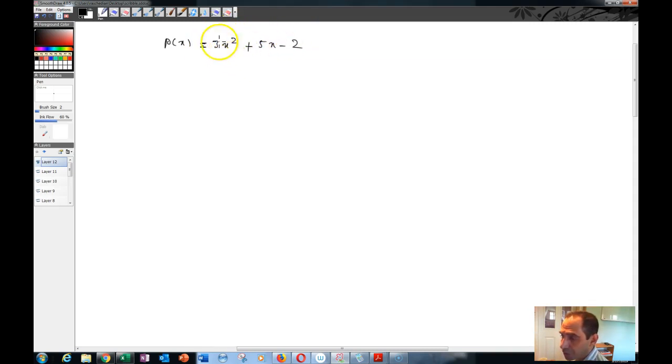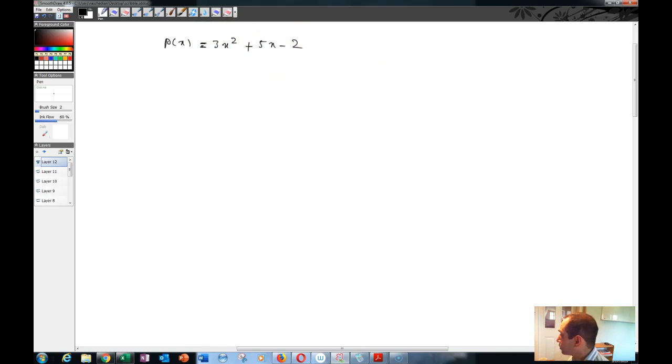I mean, for example, the previous polynomial that we factorized, in the case of that polynomial, we could actually make the coefficient of x squared 1, and then that's easy.